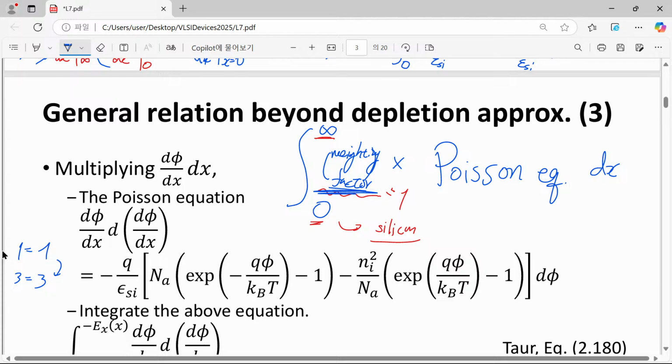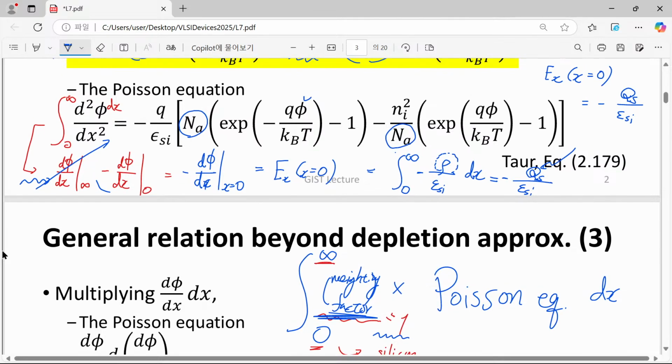That was our argument, but we tested the weighting factor equal to 1, and what was the result? The result is so trivial. The amount of charge inside the semiconductor corresponds to the surface electric field. Nothing but just, if we have a non-zero net charge, then that will affect our surface potential.